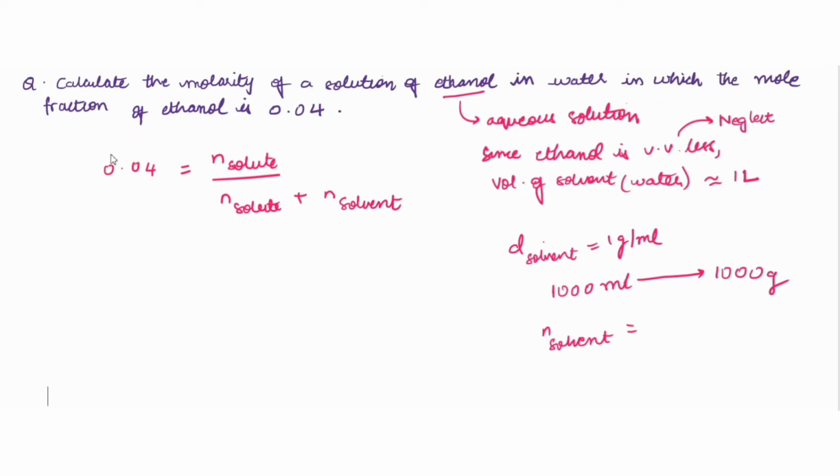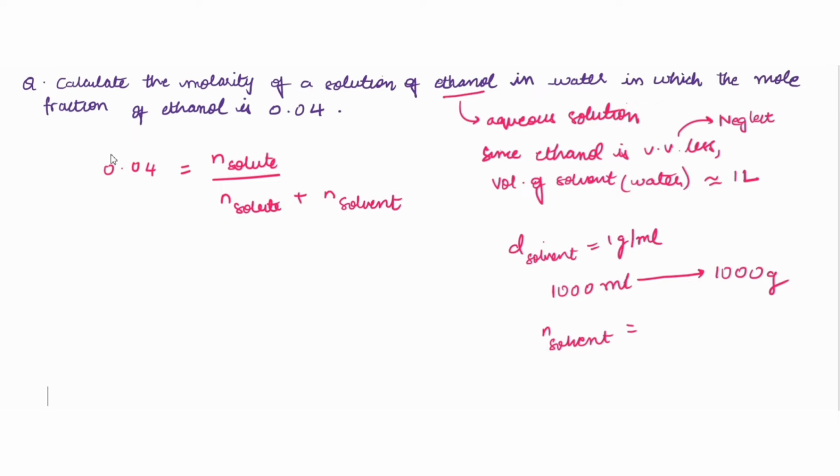So we assume the volume is 1 liter so that just by finding the number of moles we can find the molarity. What is molarity? The number of moles of solute dissolved in 1 liter of the solution. That is the definition. So in these places, understanding the actual definition plays an important role.